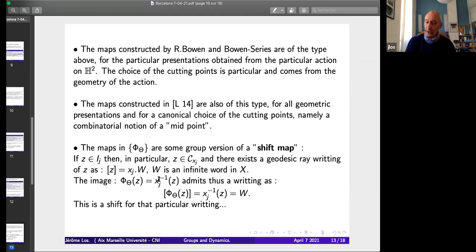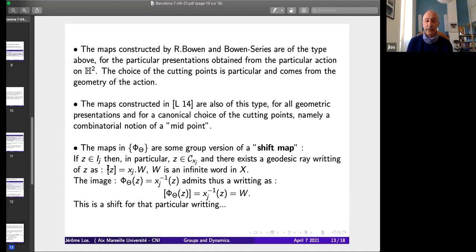Now, the observation that makes this map very particular is that in some sense, there are shift maps. There are some group version of shift maps. And let me explain why. The reason is that if you have a point in an interval ij, remember that this interval ij is a subset of the cylinder set Cxj, which means that there exists a geodesic ray starting from the identity by the letter xj.